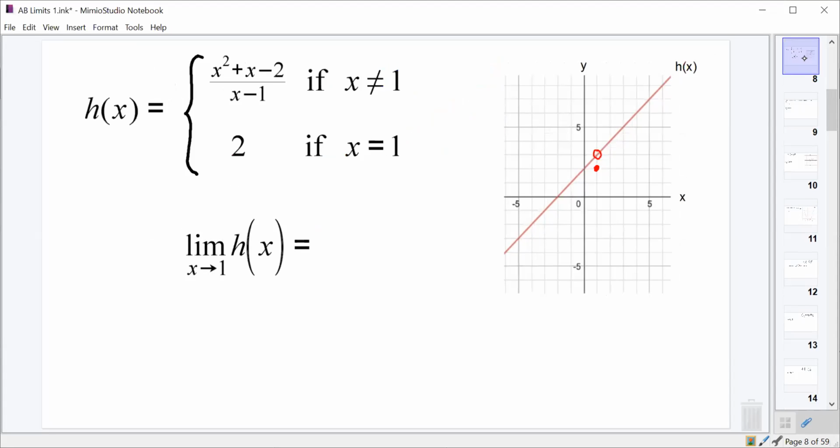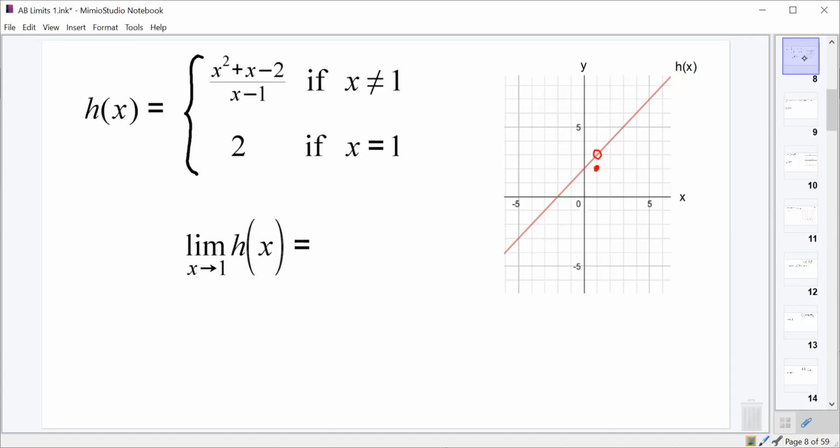Okay. All right. Let's take a look at this one. So this is now a piecewise defined function. We've got x squared plus x minus 2 over x minus 1 if x is not 1, which is the function we just had on the previous page, x plus 2 with a hole at 1. But now I've filled in that gap. I've said that h of x equals 2 if x equals 1.